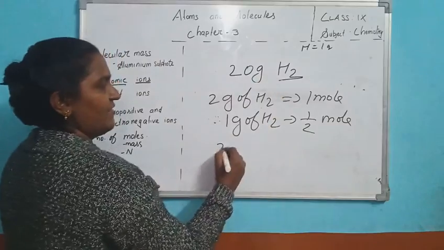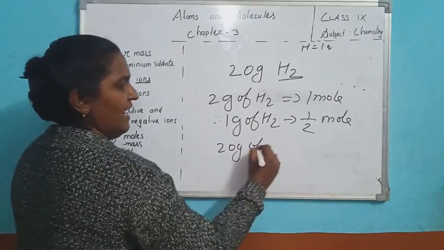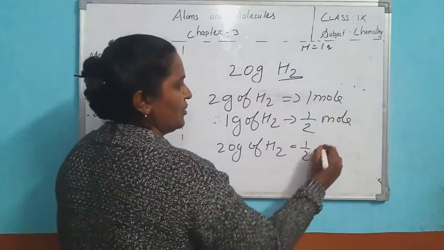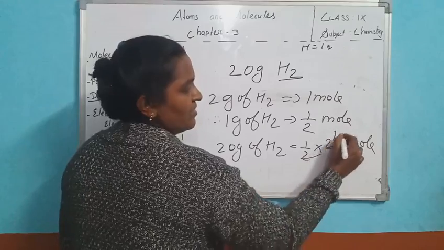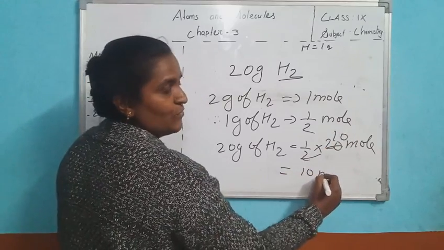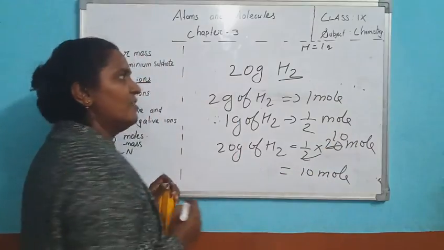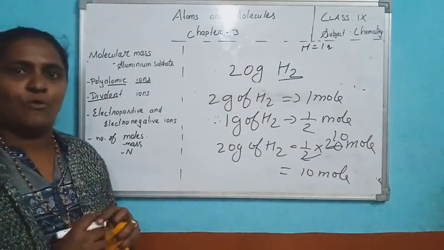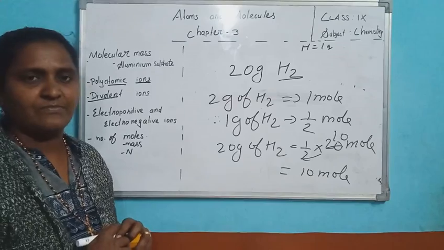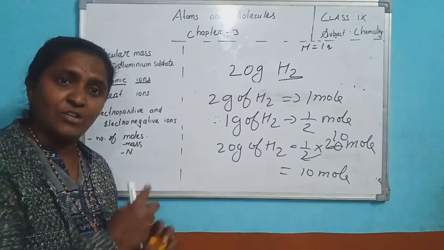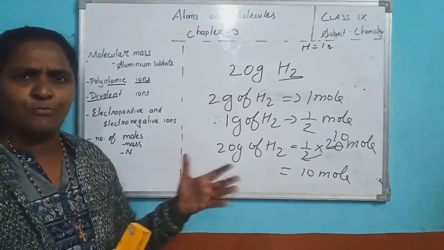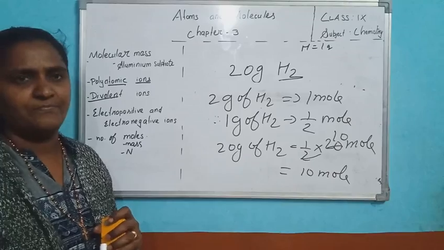Therefore, 20 gram of hydrogen molecule equals 1 by 2 into 20 mole. So at last you will get 10 mole. 20 grams of hydrogen gives 10 mole of hydrogen. Clear? You can follow the formula based method or the unitary method, whichever you prefer.